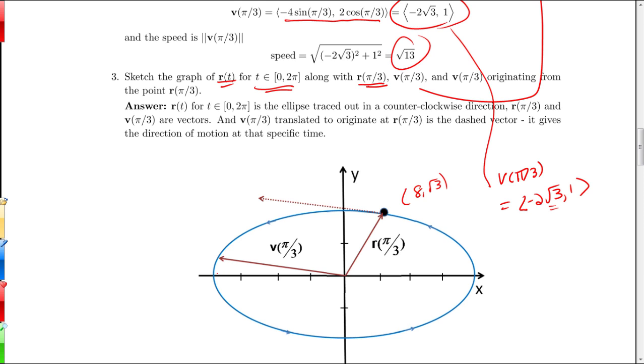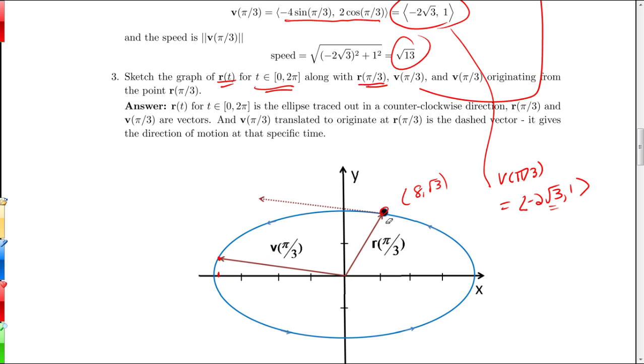It's this right here, negative 2 root 3, up 1. But that isn't really where the velocity vector is originating. The velocity vector, v of pi over 3, originates at the terminal point of my position vector. So there's what the velocity vector looks like.